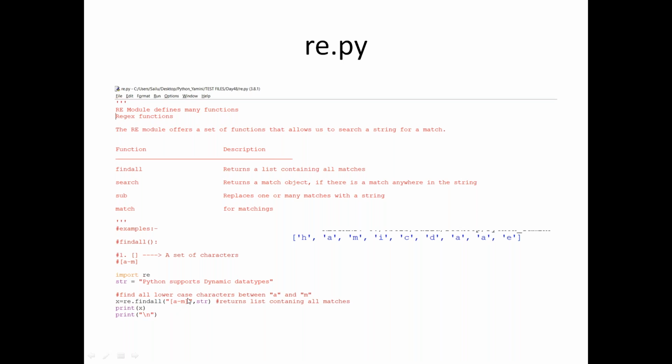So in square brackets, a to m, small letters, comma, from which statement? Instead of writing the entire statement, I use wherever I stored it, str. So this functionality will find the letters between a to m, small letters in the range a to m, from the str statement as a list. It will be stored in x. So when you say print x, you can see all the letters in blue color, which I'm showing here.